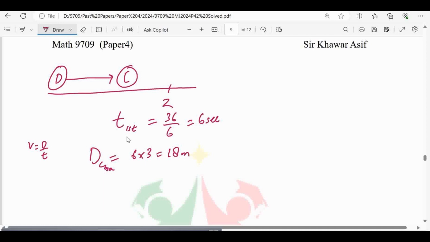So we know that this one is particle D and this one is particle C, and the distance covered by both of these will be equal to 80. Why 80?